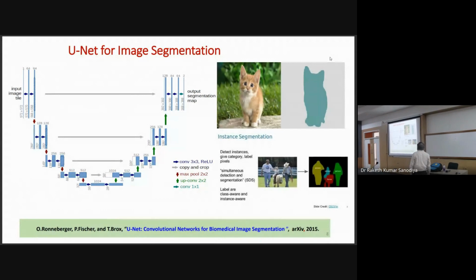Another task of interest is the segmentation of an image into regions of interest. Like in this case, suppose I have this image, and I want to segment the part of this image where only the cat is present. Or I have another image with different objects of interest, like persons and an animal, and I want to identify which parts of the image correspond to which objects.